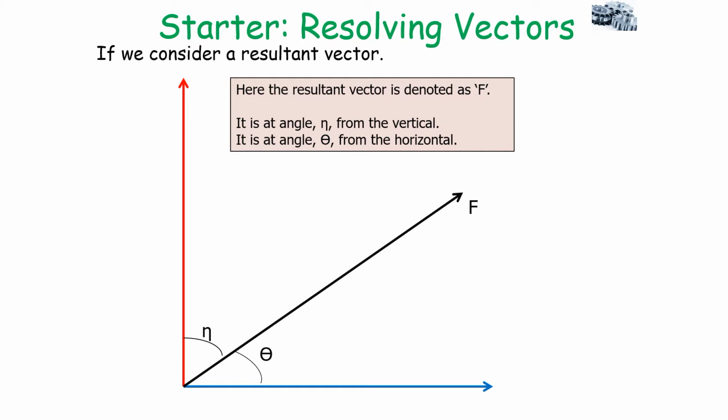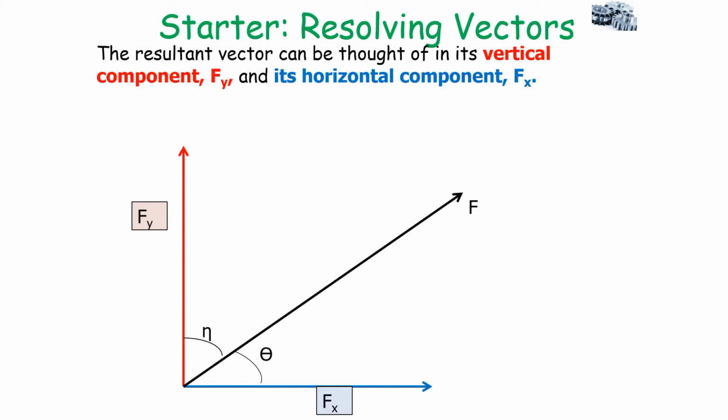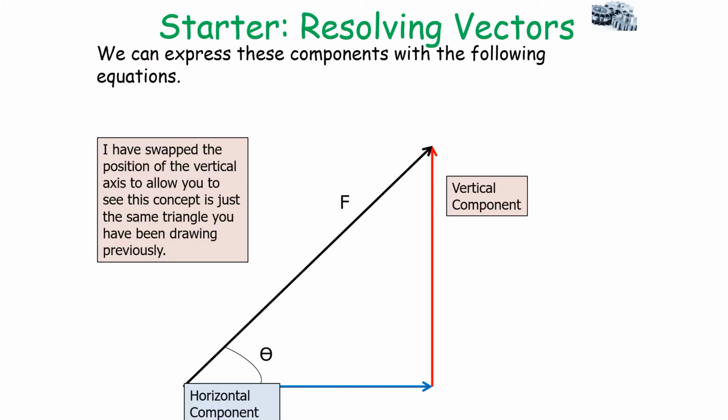Now we can consider this resultant vector in terms of its vertical component, Fy, and its horizontal component, Fx. Now it's important to note that F squared is equal to Fy squared plus Fx squared. Now we can express these components with the following equation.